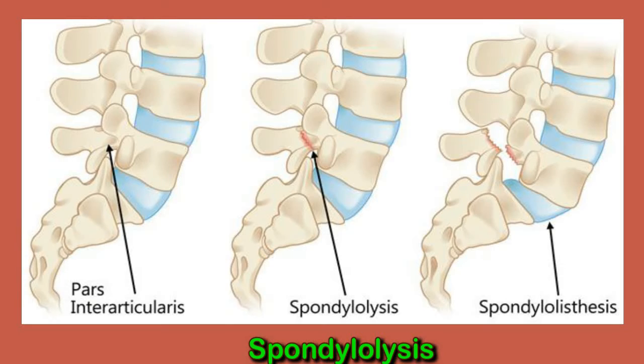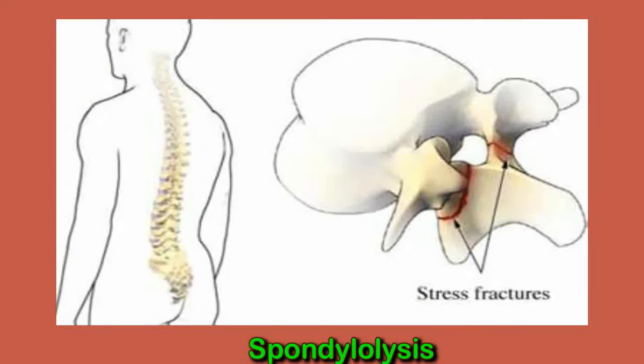Other symptoms: a person may also experience pain in the buttocks and thighs, as well as pain that gets worse with activity. Treatments: resting the back and taking non-steroidal anti-inflammatory drugs can usually help with low-grade stress fractures.